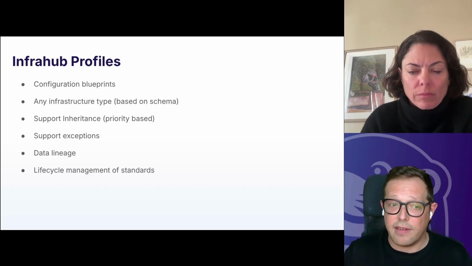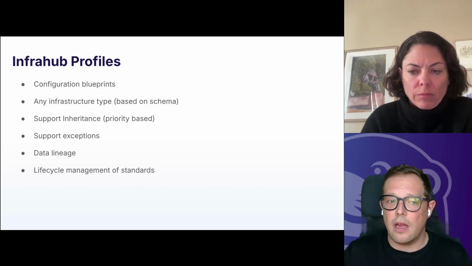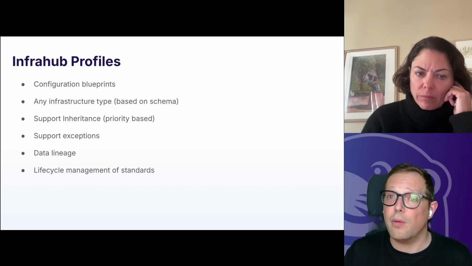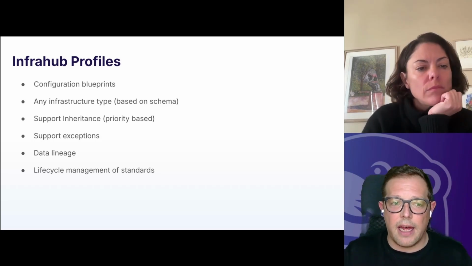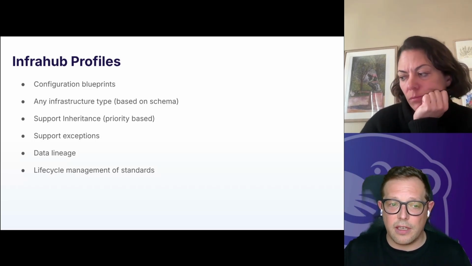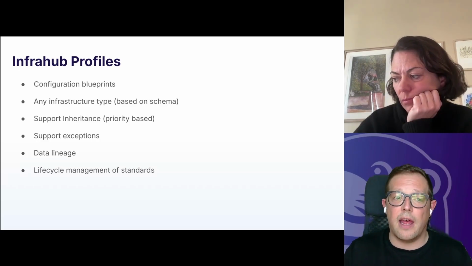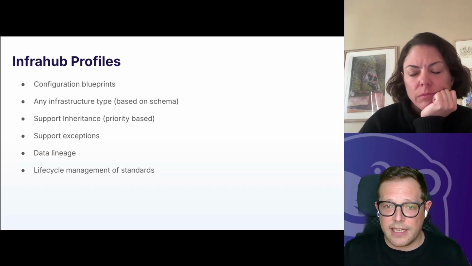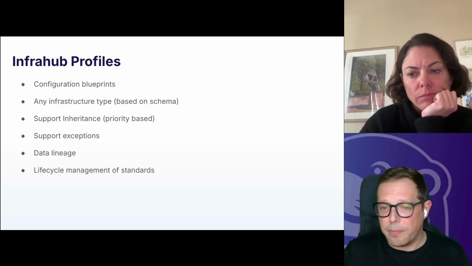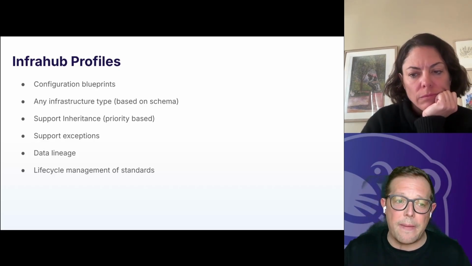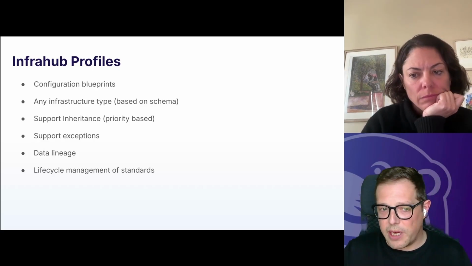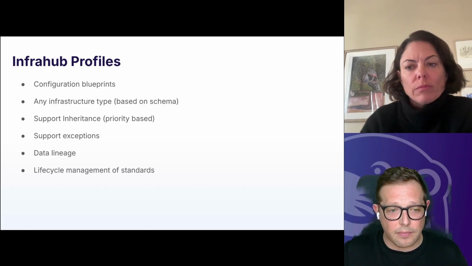And when you look at that device, you will see an NTP server. But through the data lineage feature, we will be able to tell you that that NTP server configured on the device is effectively coming from a profile, allowing you to understand why a device or a piece of IT infrastructure is configured in the way that you configure.